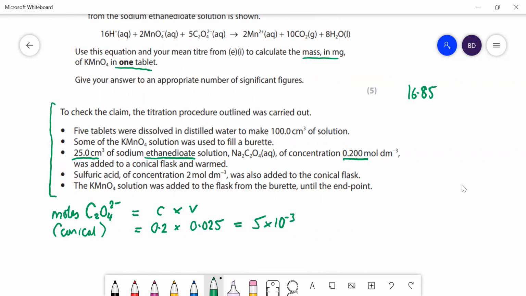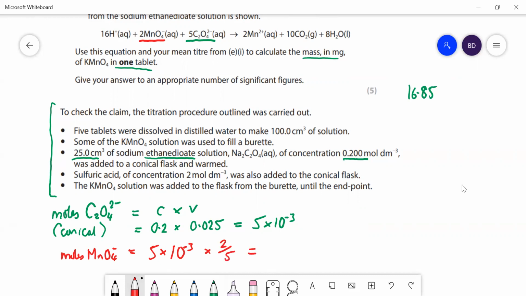Okay, now how many moles of manganate does that react with? So we've got 5 moles of that react with just 2 moles of manganate. So I'm going to write down the moles of MnO4 minus is going to be the moles of that multiplied by 2 over 5.